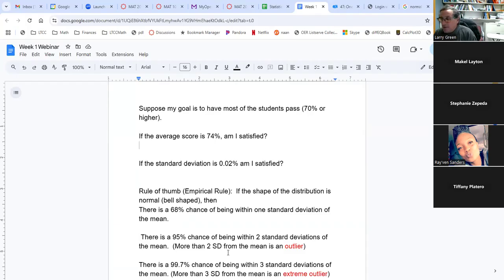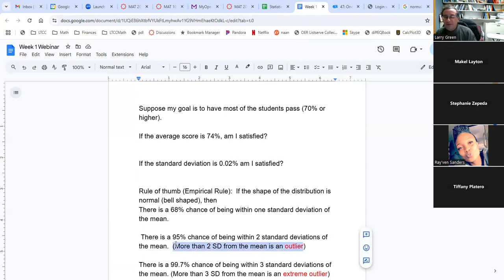Okay. For our class, this is important, by the way, because AI will not always agree with me. So don't use AI. For our class, if I ask you if something's an outlier, you see how many standard deviations from the mean it is, which, by the way, is saying find the z-score. If it is more than 2 standard deviations from the mean, we call it an outlier.